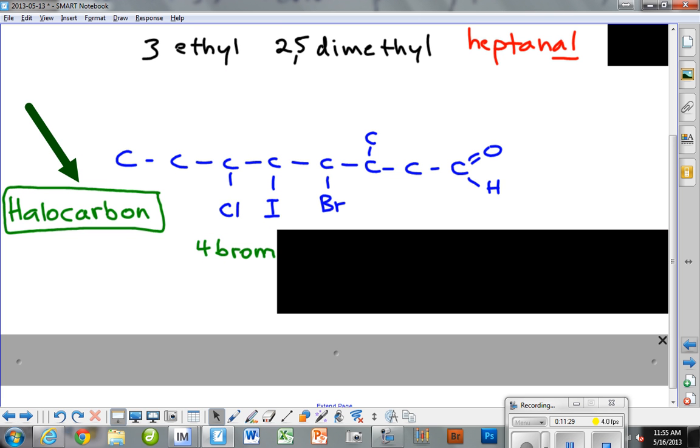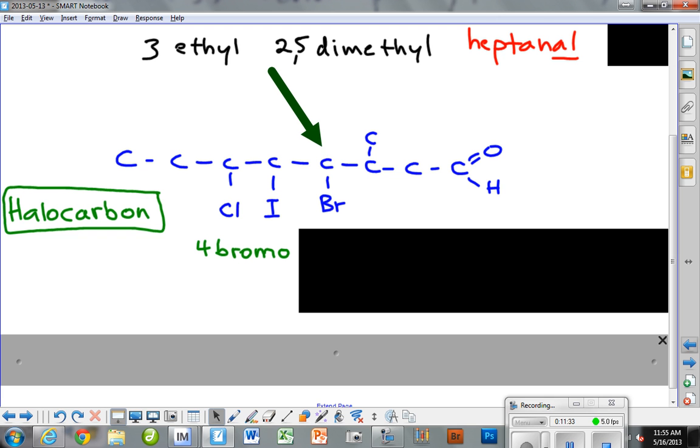So we have a bromo on carbon number 4. And let's go ahead and put in those numbers. 1, 2, 3, 4, 5, 6, 7, 8. So we have an octanal, and that's going to be the final name that we put in there. At any rate, we've got our bromo taken care of. He was on 4.